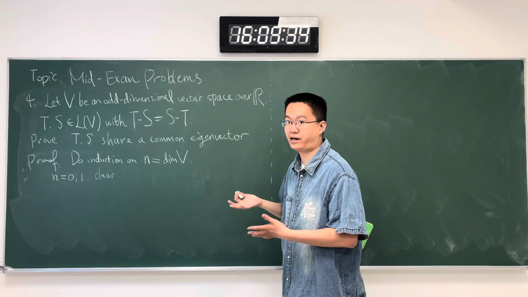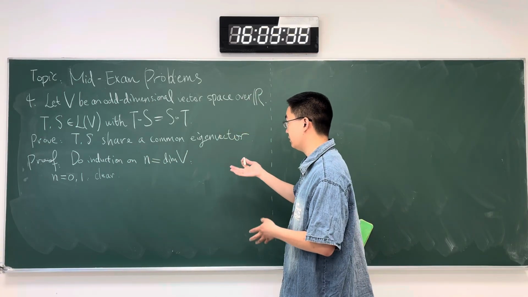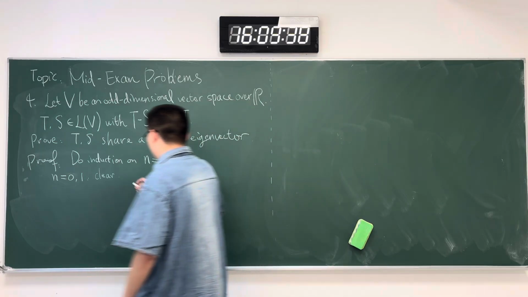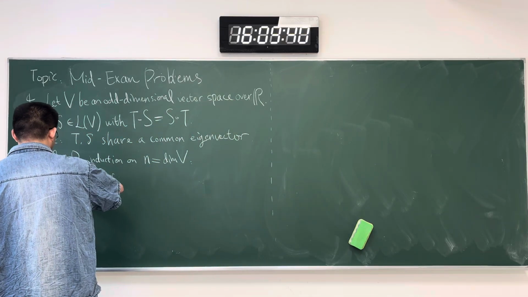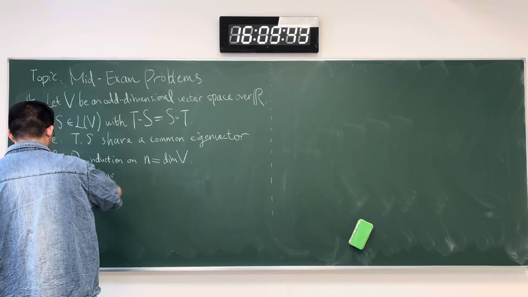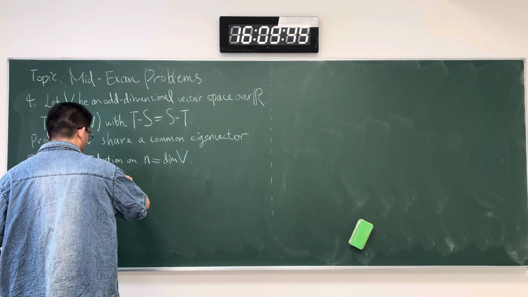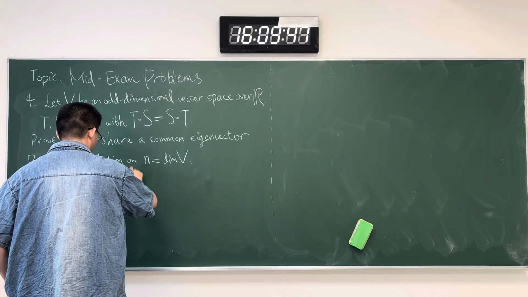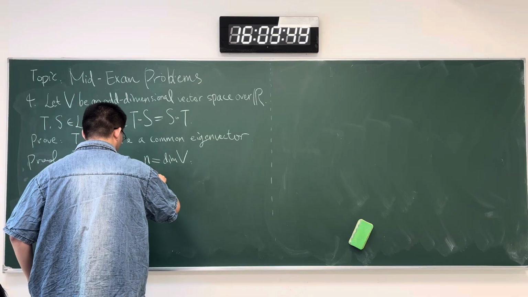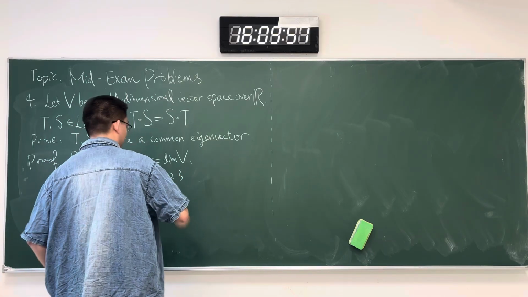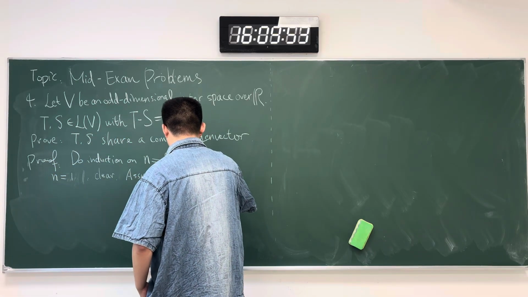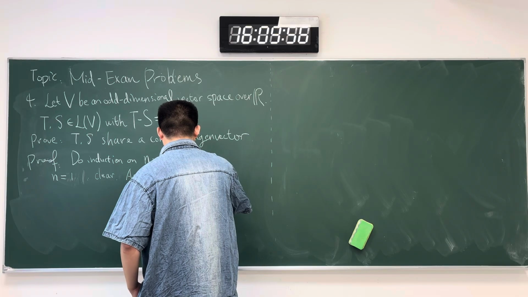We just need to take any non-zero vector along this line. So let's assume n greater or equal to 3 is an odd number.